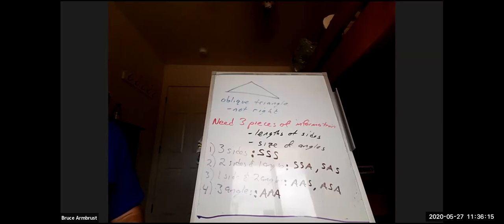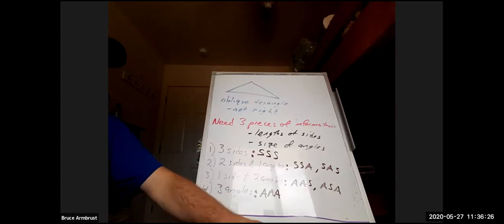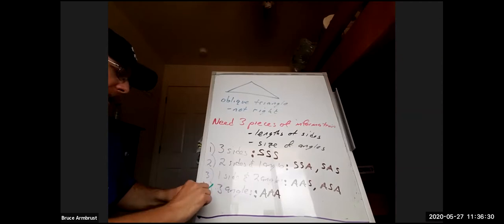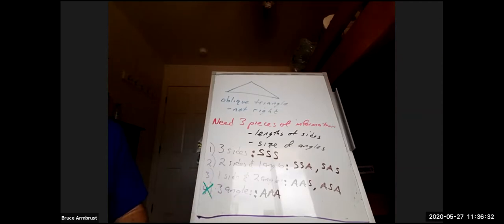Let me start by helping you out, or making you happy, I should say. Of these 6, 1 of them we never do. We never ever deal with the 3 angles. I'm going to cross that off because here's the deal. If I give you the 3 angle values, it's impossible to tell me how big the triangle is.